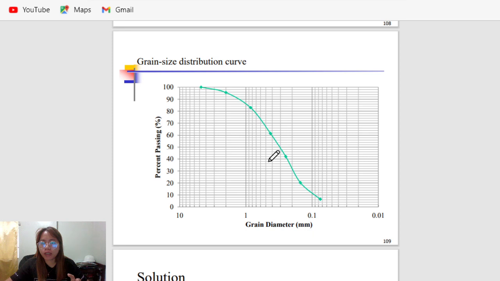So for uniformity's sake, or for our future exams and assignments, kindly adopt this higher to lower curve, or the higher grain diameter or opening of the sieve to the lower opening.